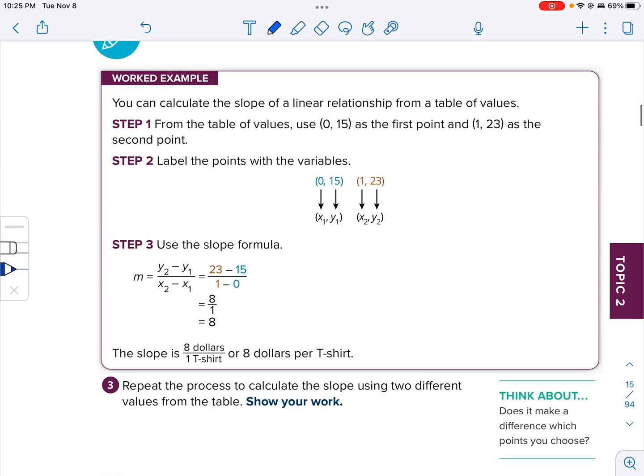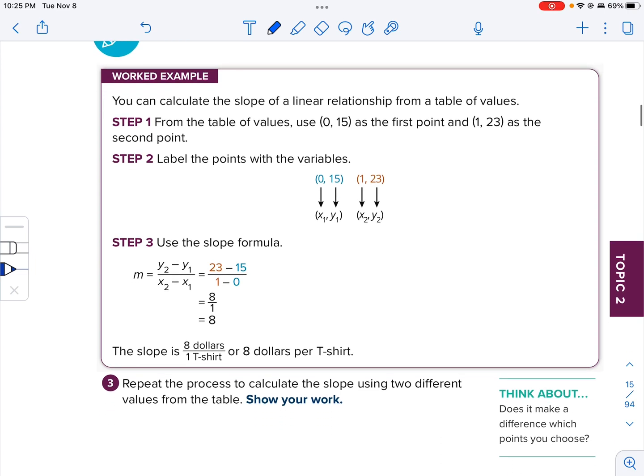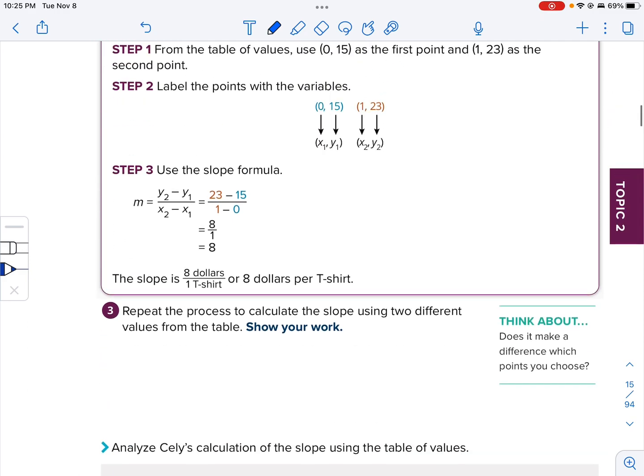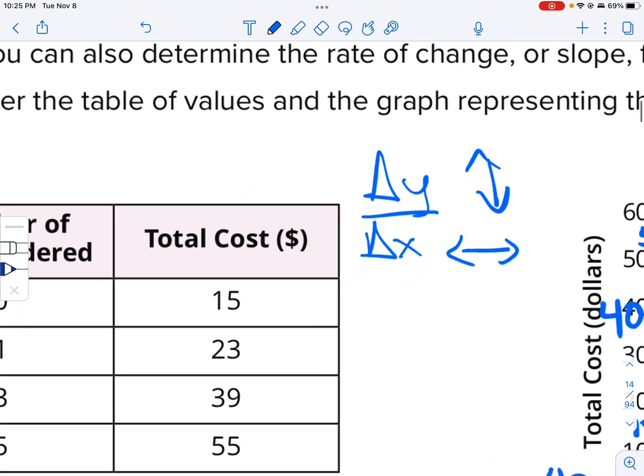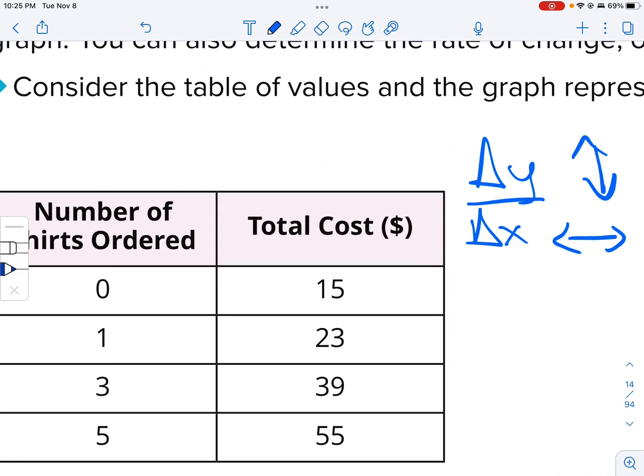So, what we're going to do now is you can calculate the slope of a linear relationship from the table values by doing some subtraction. I'm going to show it to you up here. If I subtract my y values, 23 minus 15, that's going to get me 8.